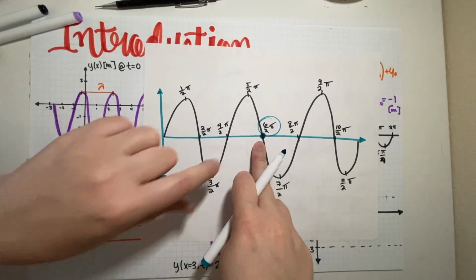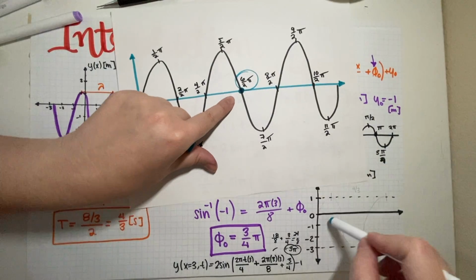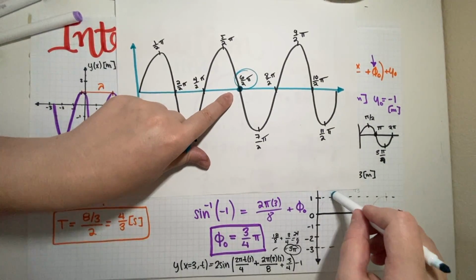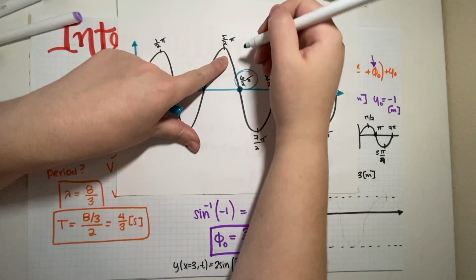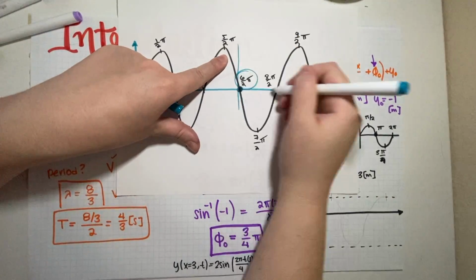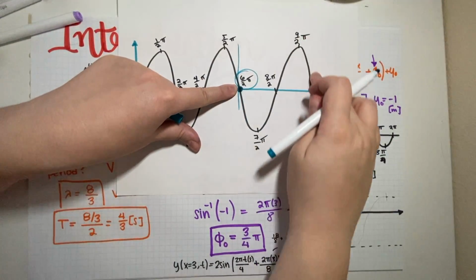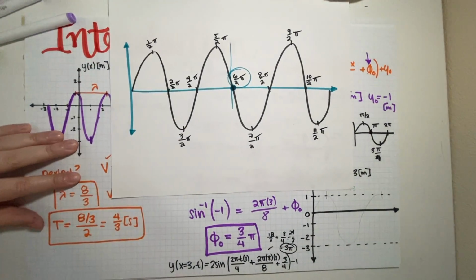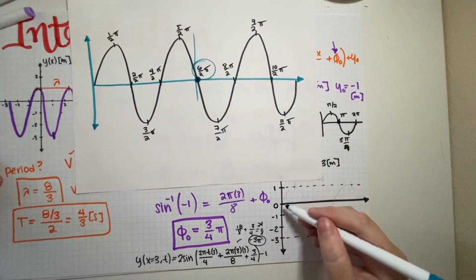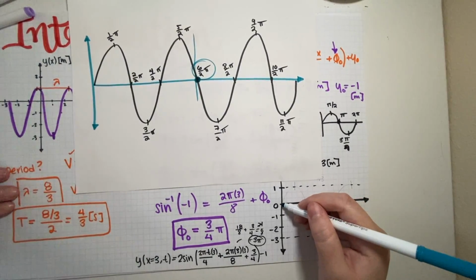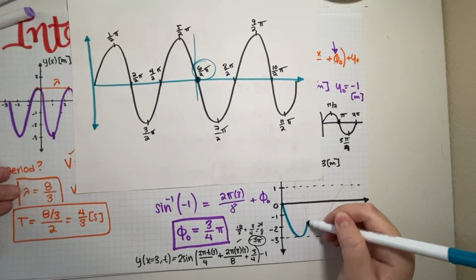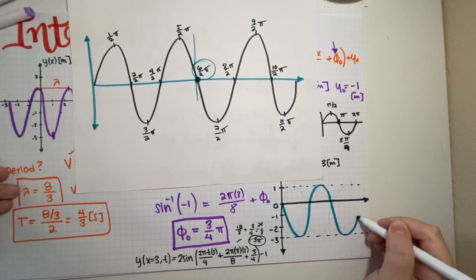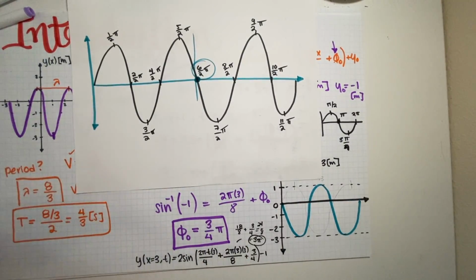That means that instead of starting my graph from going up, my graph actually starts over here, and it starts going down like this. So that's going to be my final answer, something like this.